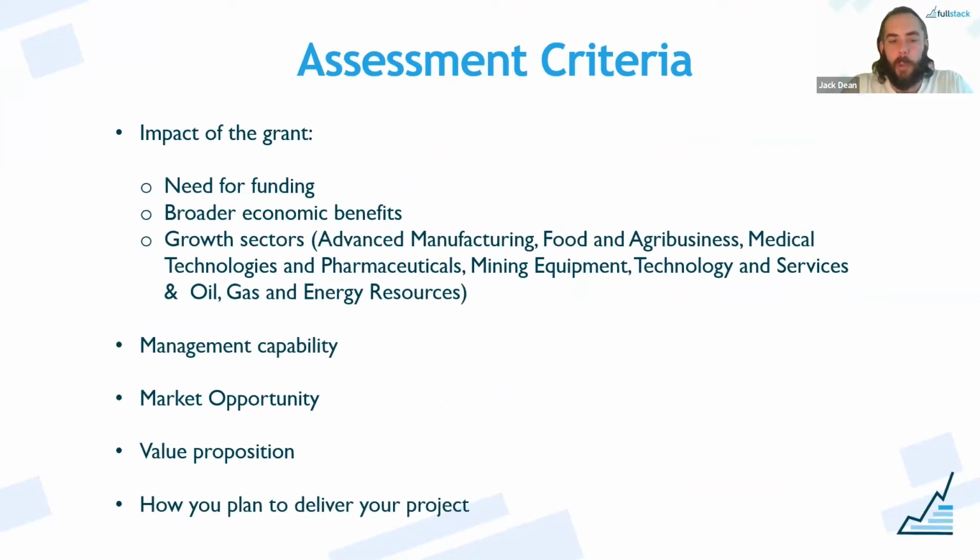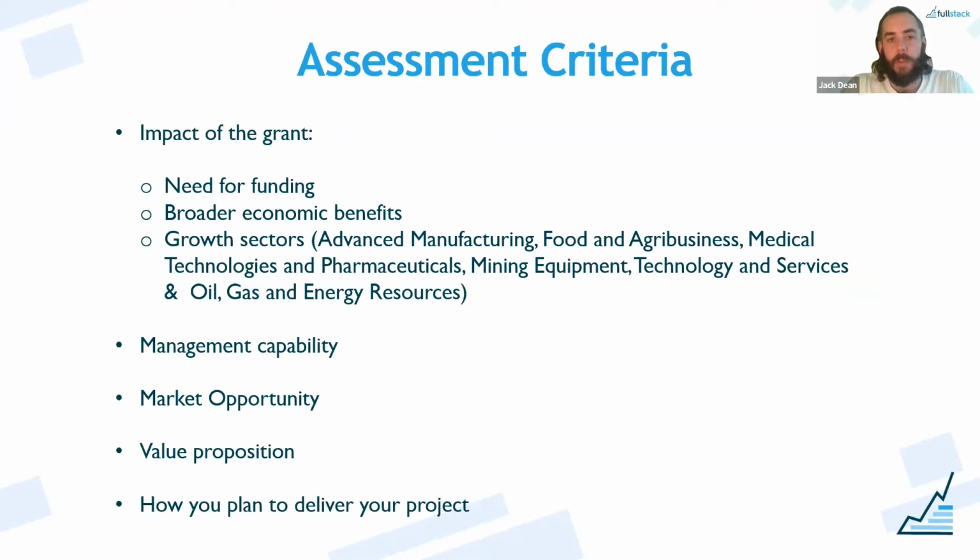You obviously need to show broader economic benefits. So that's things like export replacement, jobs, providing employment opportunities. Regional areas also get additional points, supporting the regions, building manufacturing facilities, those kinds of things.